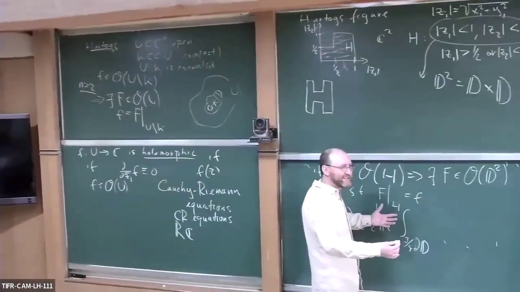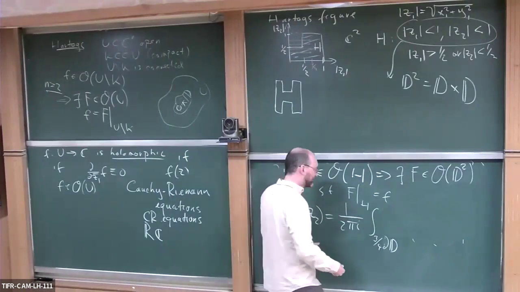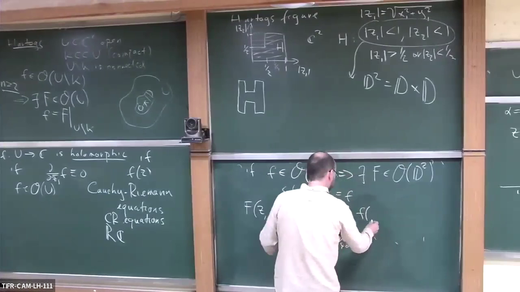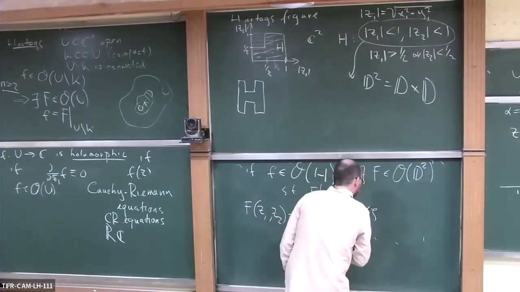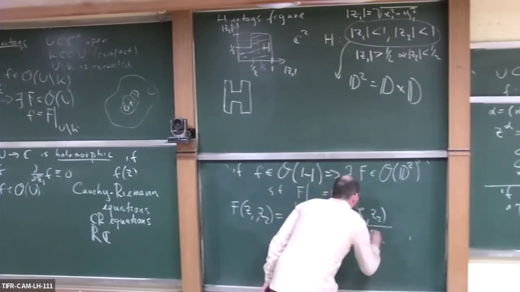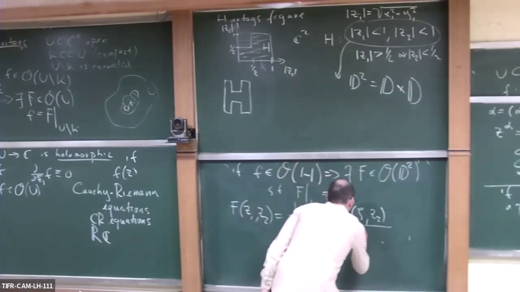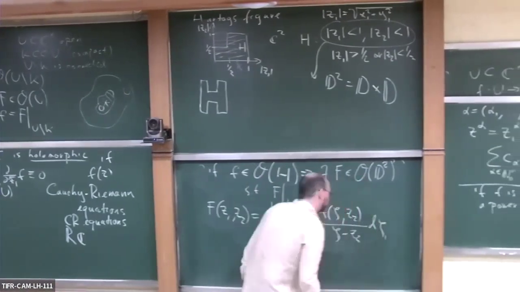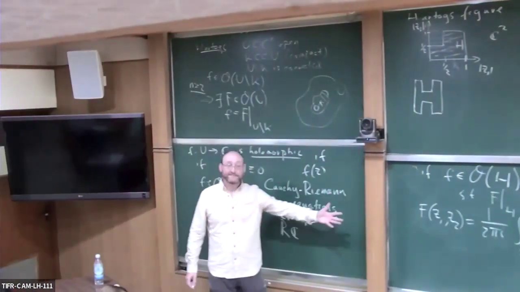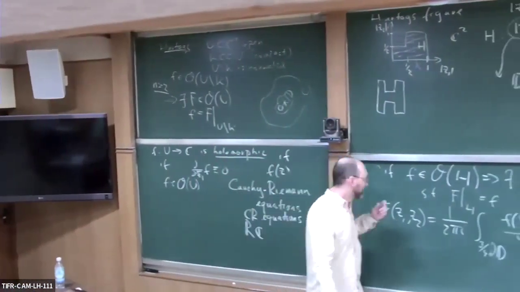And then I just write down the standard Cauchy formula. So Z1 should be a thing called zeta, Z2 is fixed. And then I have zeta minus Z2 equals zeta, right? And that's it. That works, right?